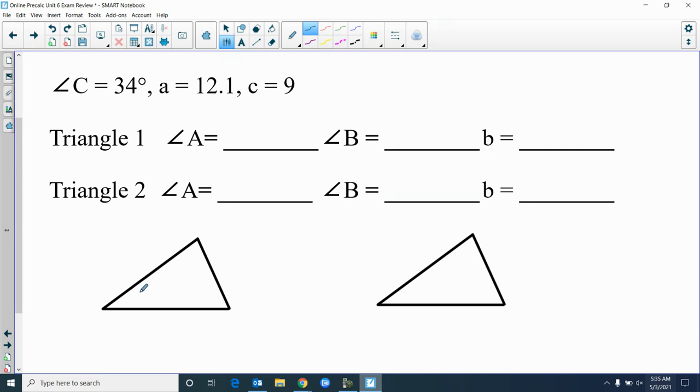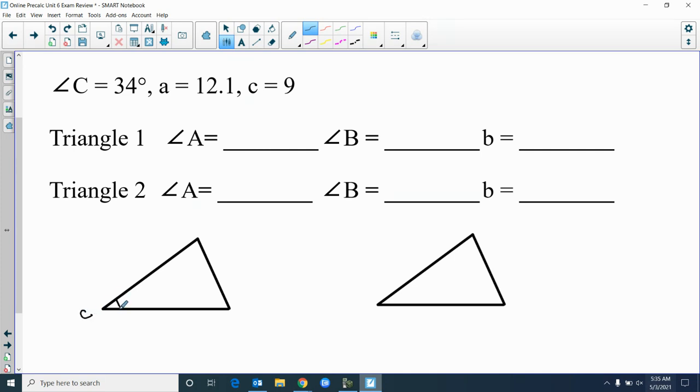Well, when you're given the dimensions, you need to draw out the triangle. Any angle, the side across from it also has the same letter. So if this is angle C, the side across from it would be 9. Anytime I get a side I don't know, I like to put my angle in the bottom left corner.